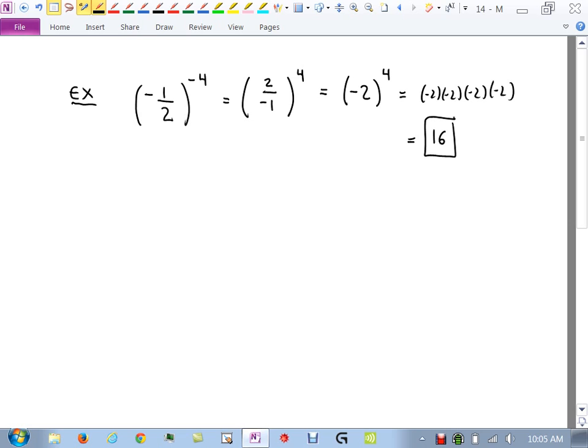I want to get wax candles and somehow make my own negative 1 half, with some wax parentheses or something, and then put a negative 4 power on it, and everyone will be like, "What the hell is that?" That's how old I am, 16 today, right? Yeah, she's in trouble, huh? But that is a fancy way of writing the number 16. It's just another way of writing it.